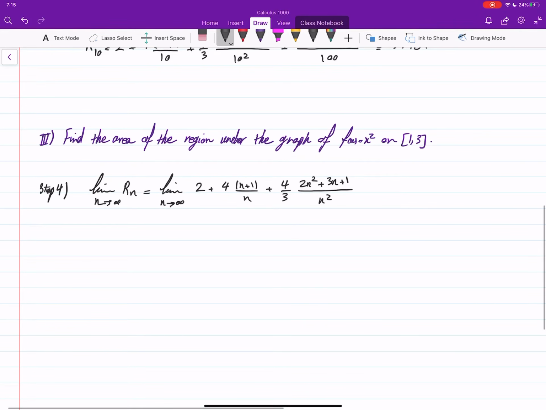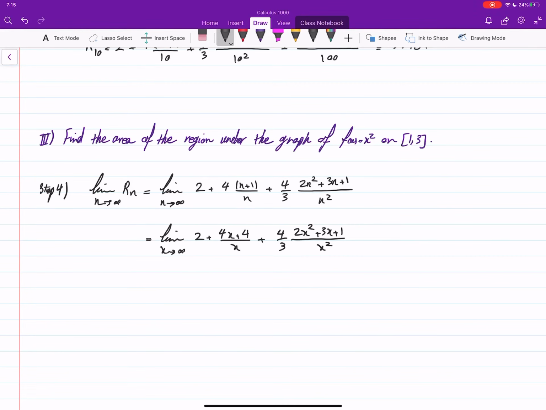Okay, I have to find this limit. Well, if you don't like the way everything looks here, you can change everything to x, and you will see that this is 4x plus 4 over x plus 4 over 3, 2x squared plus 3x plus 1 over x squared. Why did I do this?